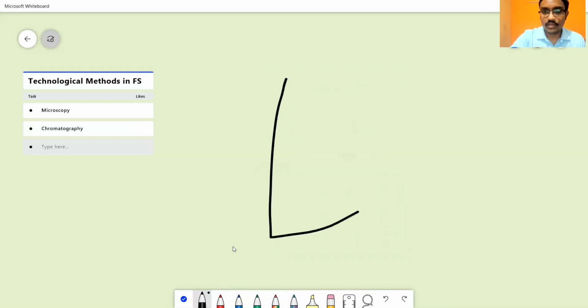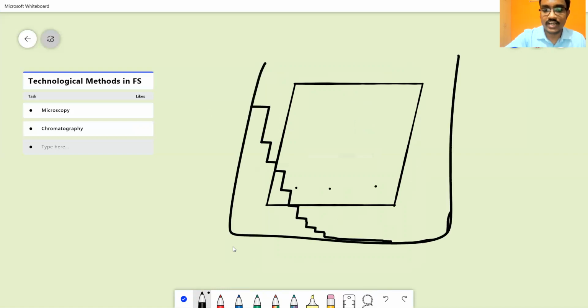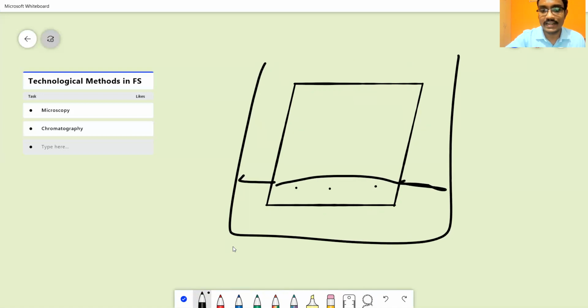Substitute that paper with silica gel. Now spot your samples, have a sample jar where you're going to have the solvent mixture, like your alcohol that you added here.